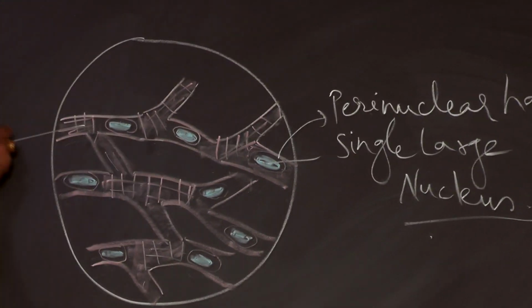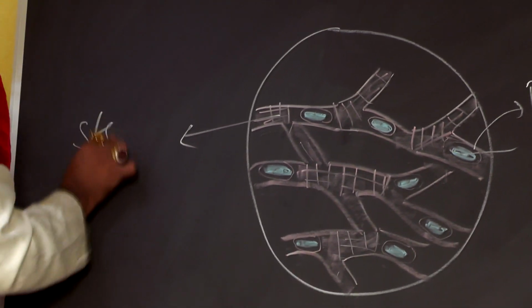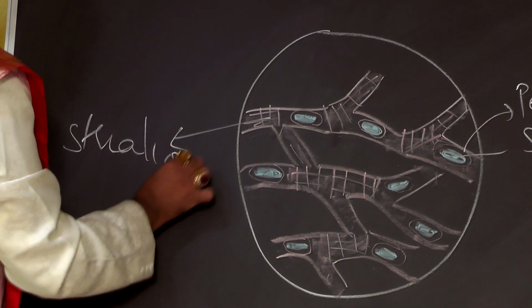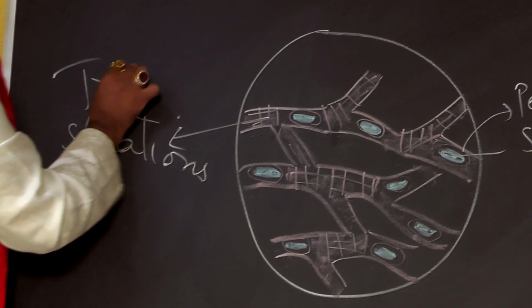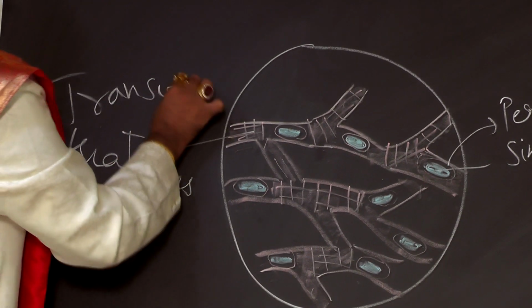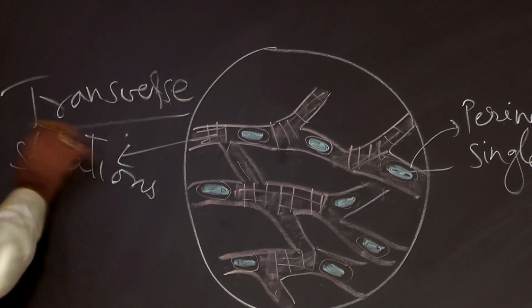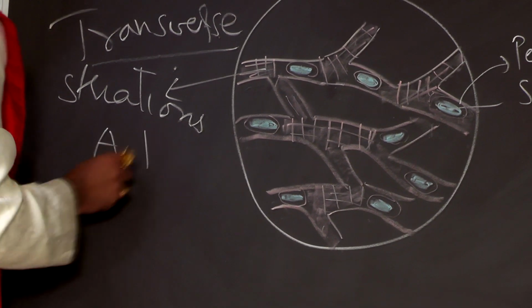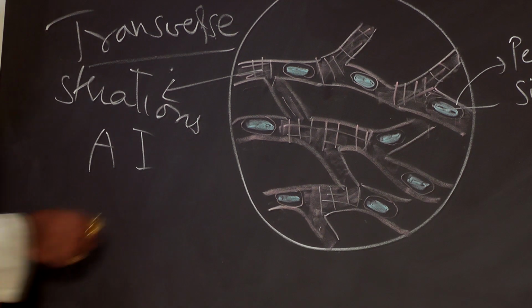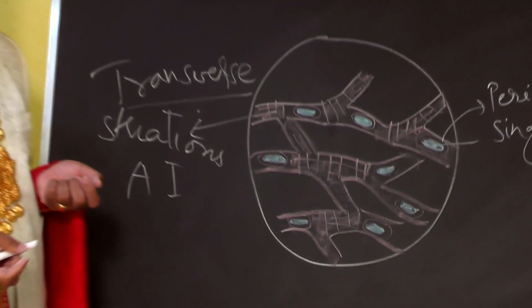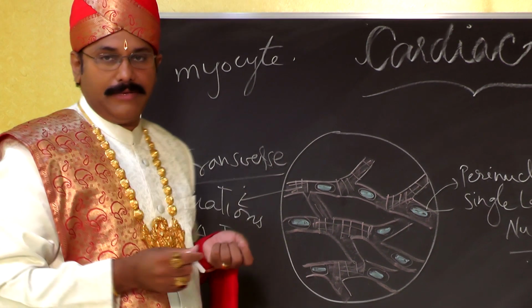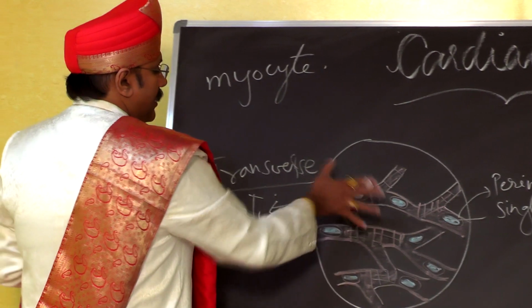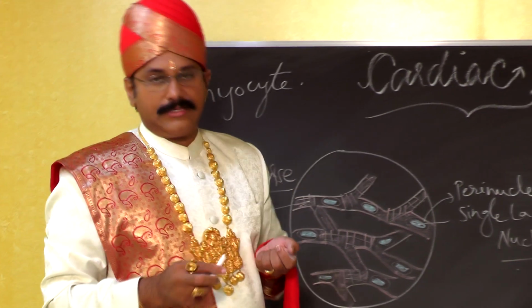This is the feature of skeletal muscle. So you get your actin and myosin filaments giving the A band, I band, anisotropic band which you have learned in skeletal muscle. Those things you can see in the cardiac muscle.